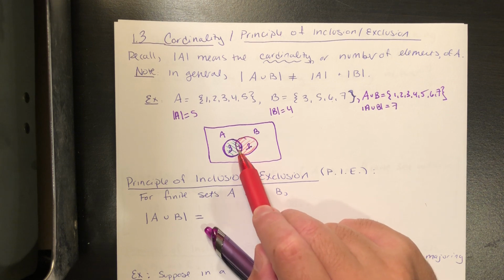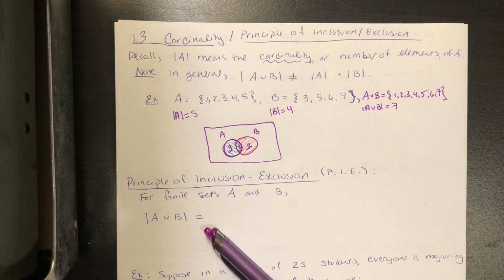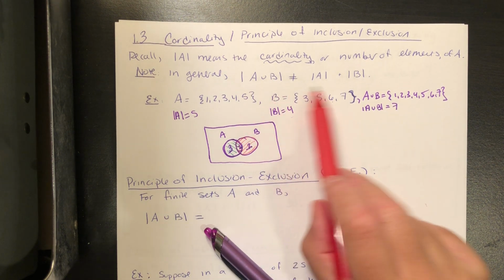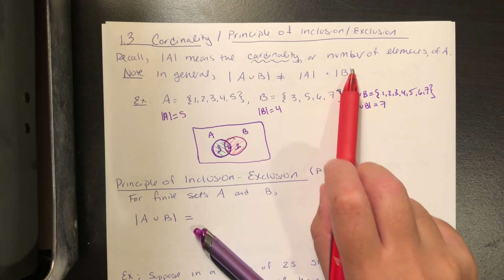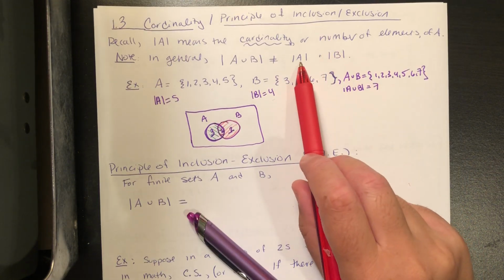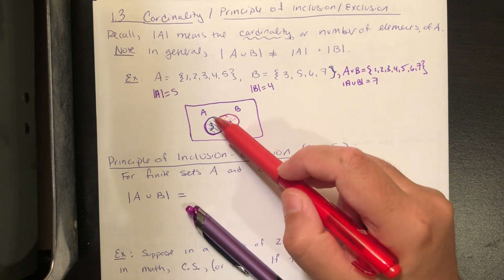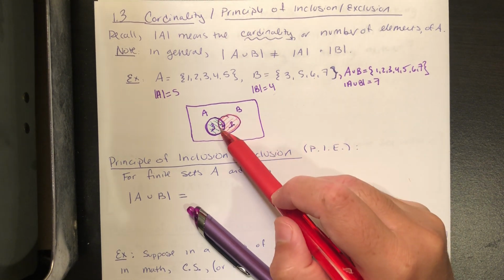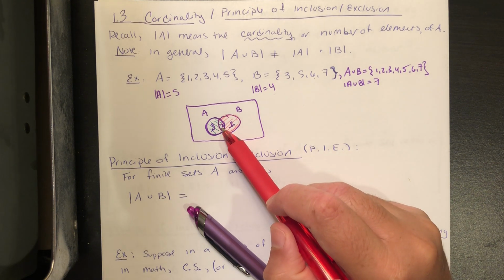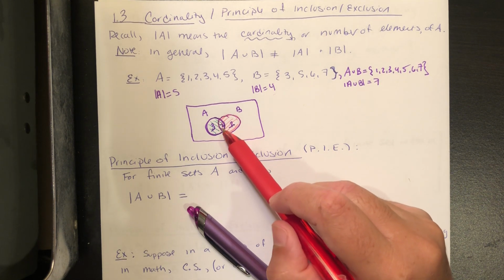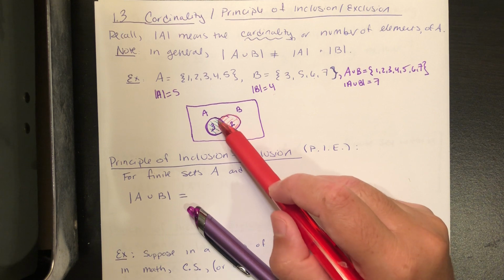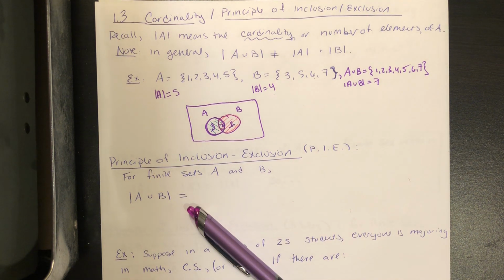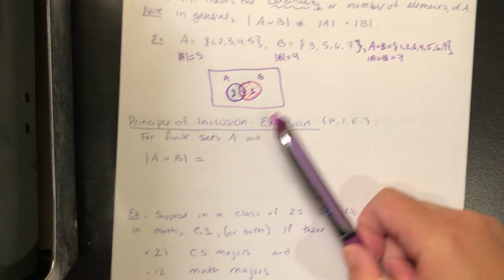We accounted for those 2 elements twice. And so a way to fix this equation to make it true would be to say, well, you can start off by adding all the elements of A plus all the elements of B, but you're going to overcount that way. Anything that's in the intersection is going to get counted twice. So if we just go ahead and subtract the cardinality of the intersection, that should give us the cardinality of the union.